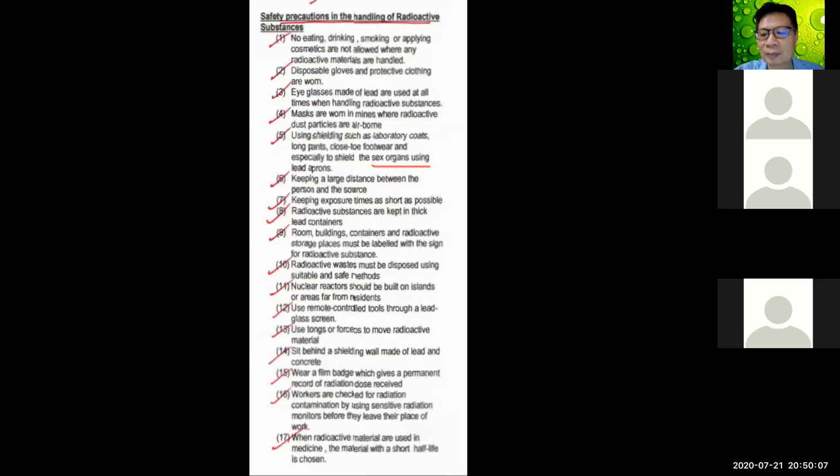Keep the exposure time short. Yes, correct. Keep the exposure time as short as possible. And last, one more. Use remote control tools. Yes, very good. Use remote control. Don't use our hand to handle. Okay, thank you, Aisha.